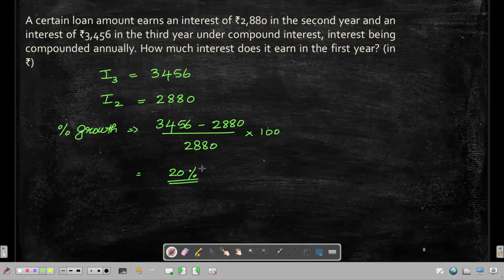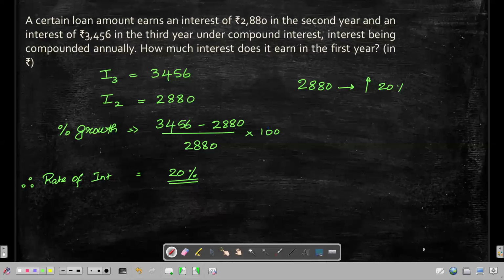If you are observing the question very closely, this 20% is nothing but the rate of interest associated with the question. Therefore the rate of interest here will be 20%.